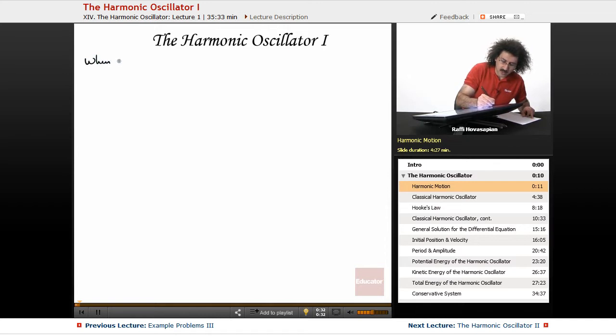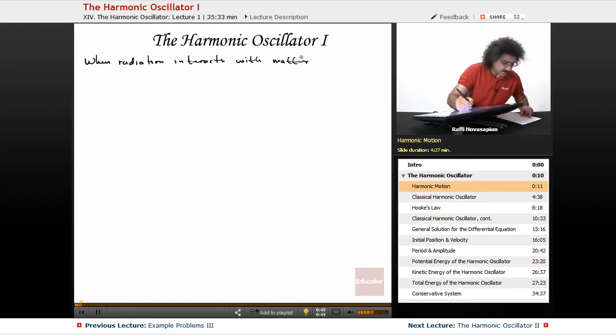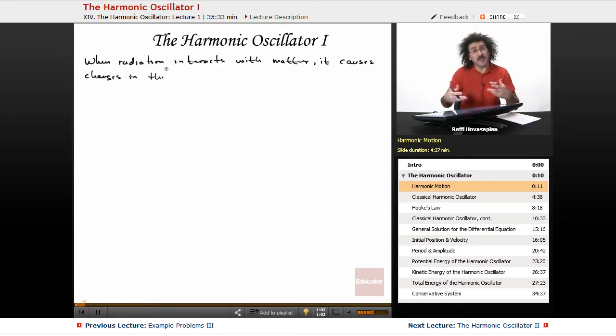Now, when radiation interacts with matter, it causes changes in the energy levels of the particles making up that matter.